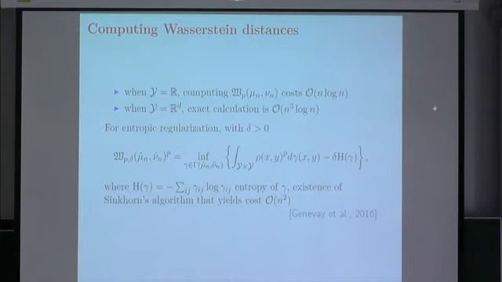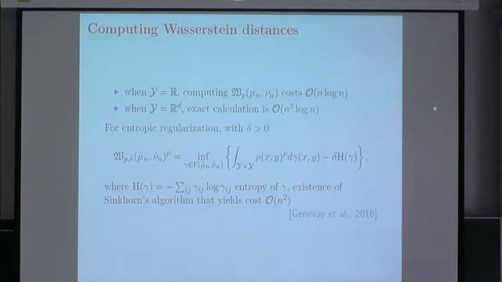In dimension 1, the cost is n log n. But when you move to larger dimensions, the cost increases to n to the 3, essentially, if you want to compute exactly the Wasserstein distance between two empirical samples. That's a bit much if you have a large sample, of course. But there are alternatives that bring approximations to the Wasserstein distance.